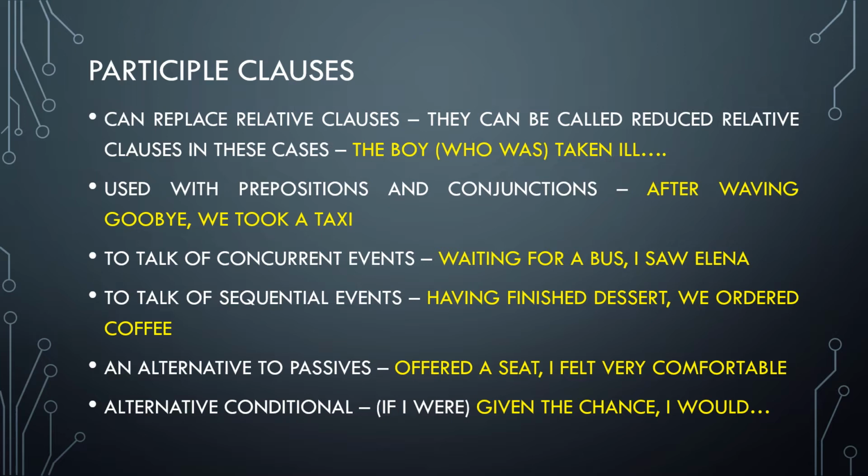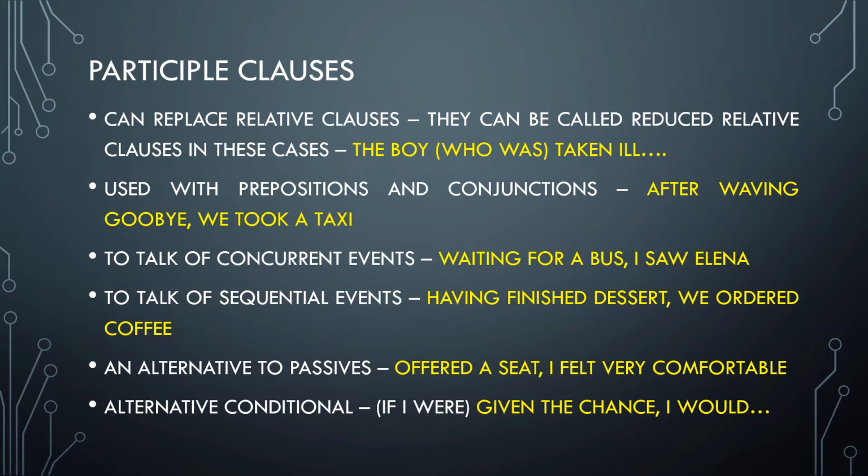They're used with prepositions and conjunctions. After waving goodbye, we took a taxi. Nice and easy. After waving goodbye. They can be used to talk of events happening at the same time. Waiting for a bus, I saw Elena. They can be used to talk of sequential events.